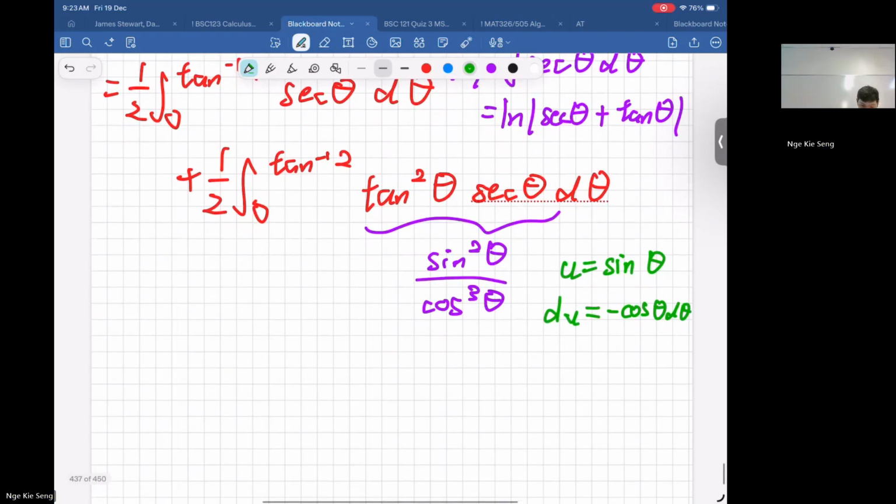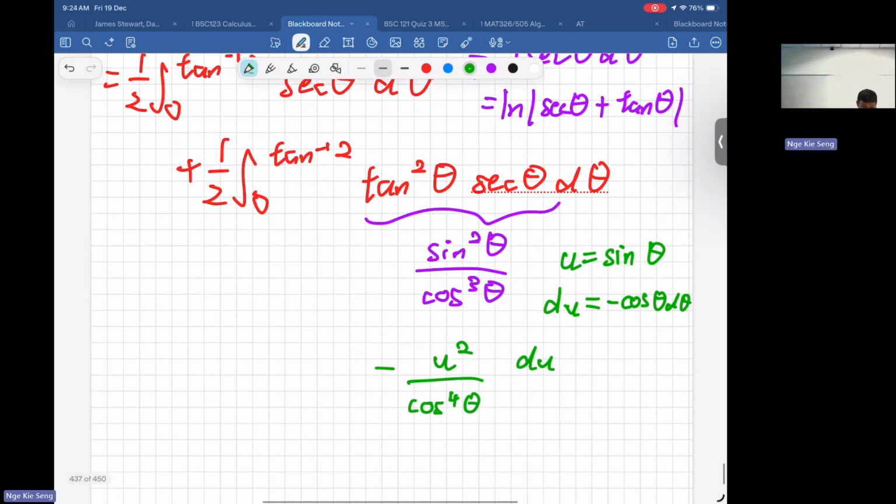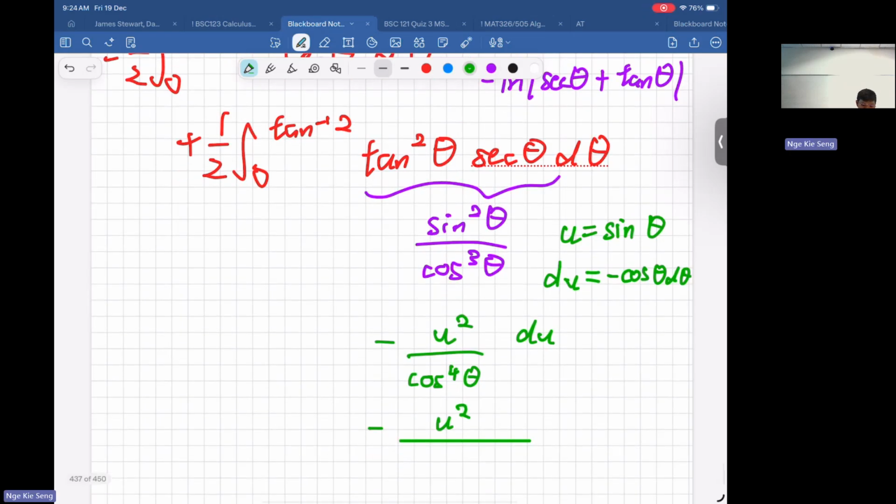See how. So d theta, this will make it into u square du over cos to the 4 theta. But I think cos to the 4 theta here, we can make it into u again, right?